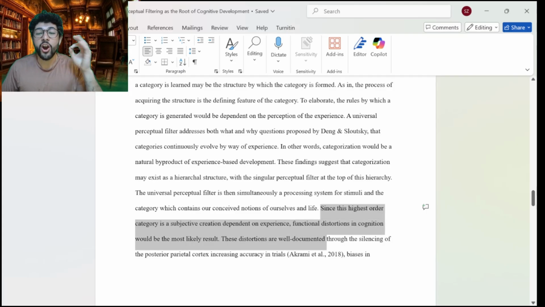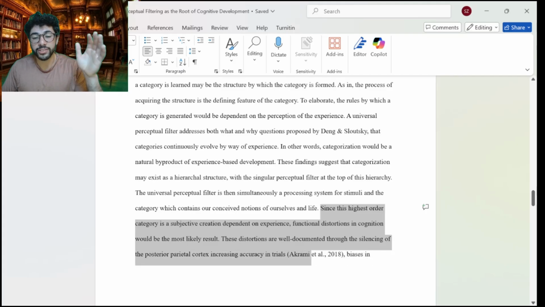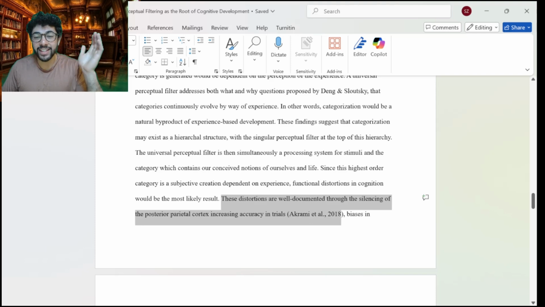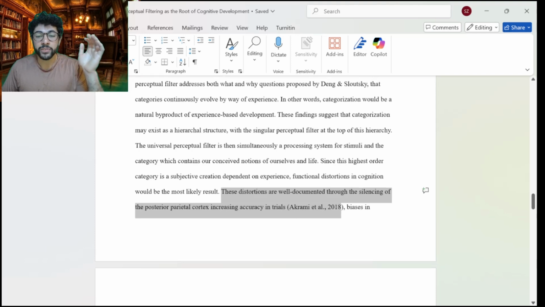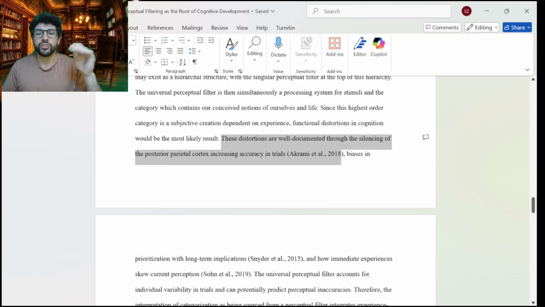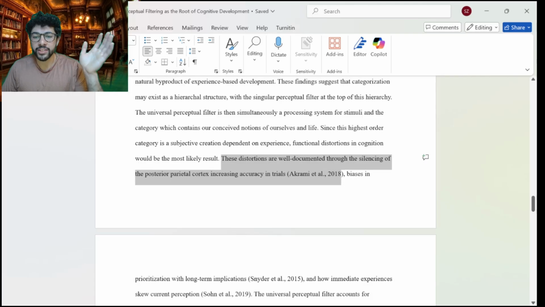These distortions are well documented through the silencing of the posterior parietal cortex, increasing accuracy in trials. Biases. And this is what I'm talking about here. In this study, when you silence the posterior parietal cortex, pardon my stuttering, it increases accuracy in the trials because there's no more bias.